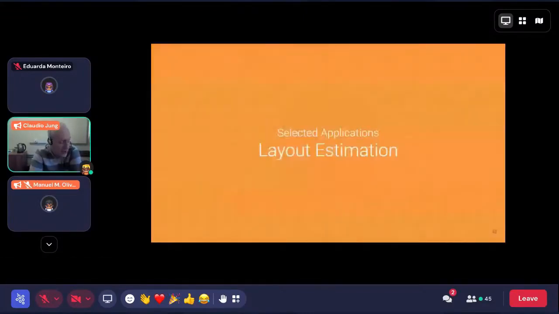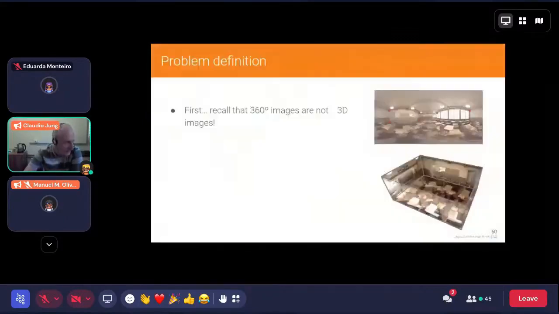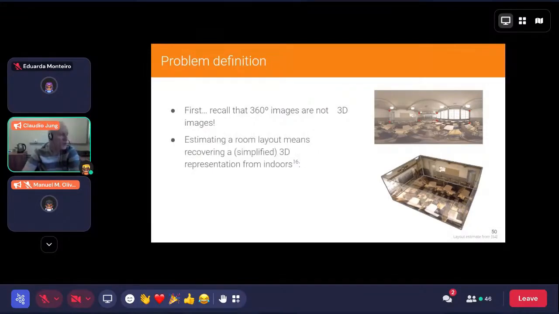So the second application that I'm going to talk a little bit about now is layout estimation. Although 360 images do represent the whole 360 field of view, they do not provide depth information, right? So the main goal of layout estimation is basically to recover a simplified 3D representation of the scene.